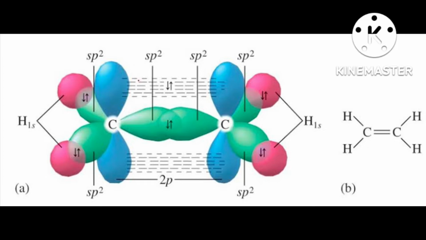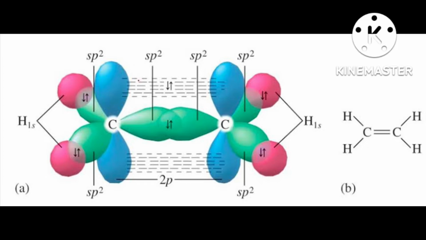Let us first consider methane, CH4. The electronic configuration of carbon in its ground state: carbon has atomic number 6, so its electronic configuration is 1s2, 2s2, 2p2.